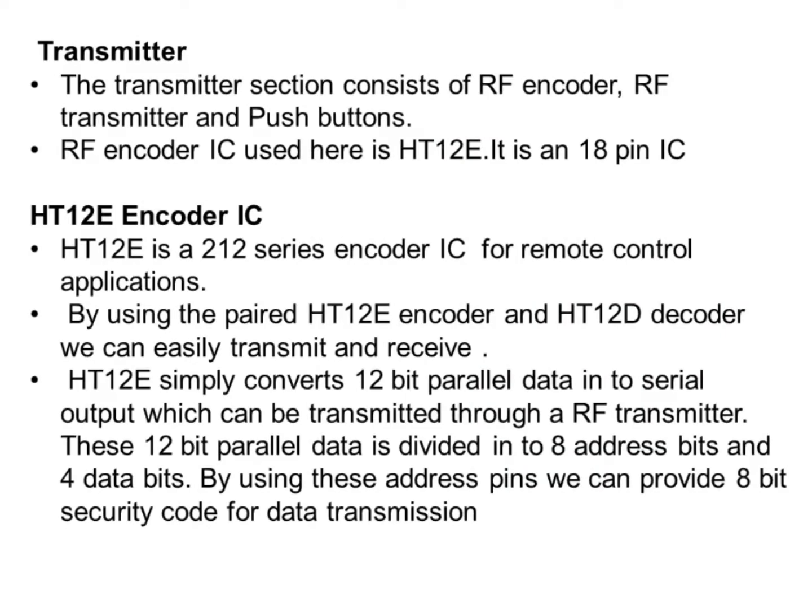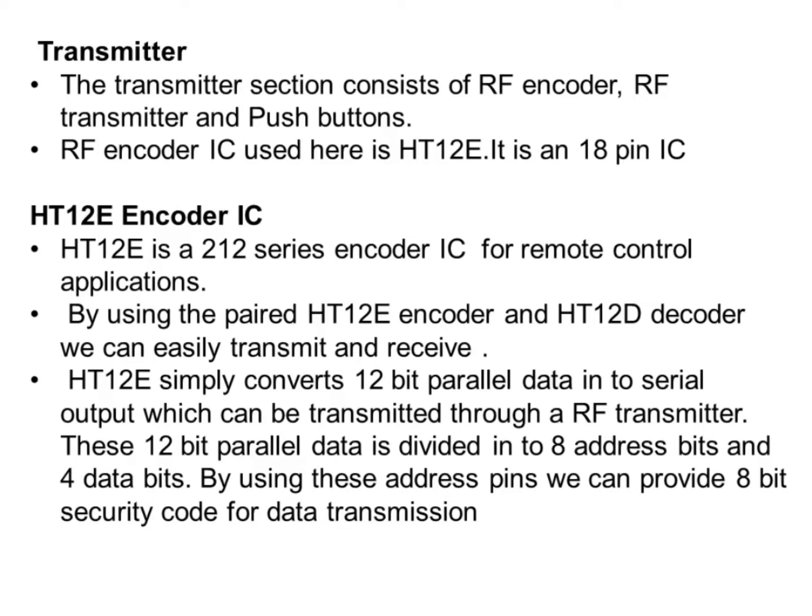Next is our transmitter. The transmitter section consists of an RF encoder, RF transmitter and a push button. The RF encoder IC used here is HT12E. It is an 18-pin IC. The HT12E encoder IC is a 2^12 series encoder IC used for remote control purposes.